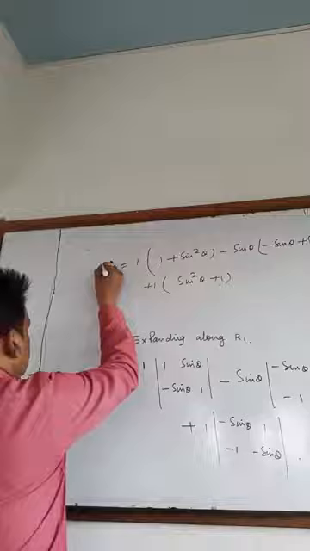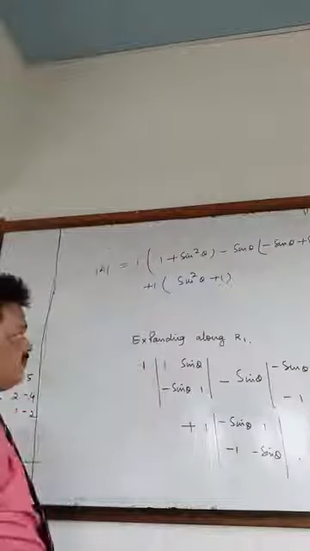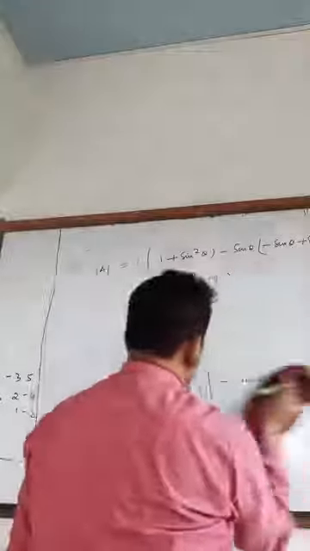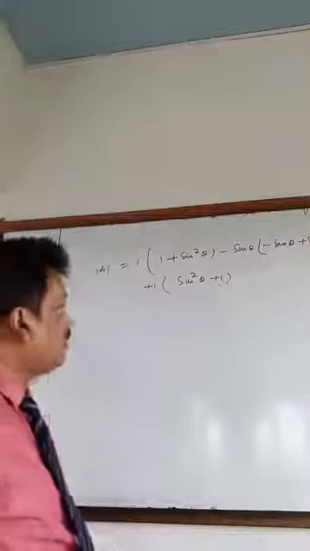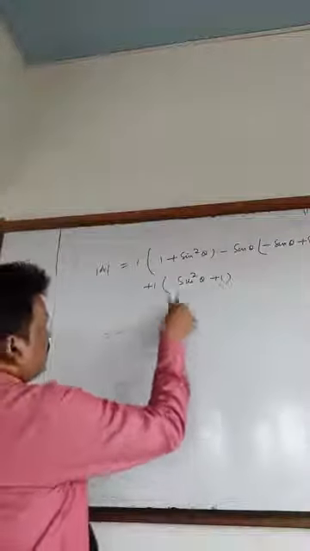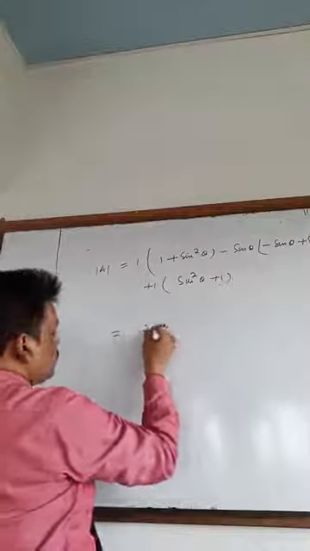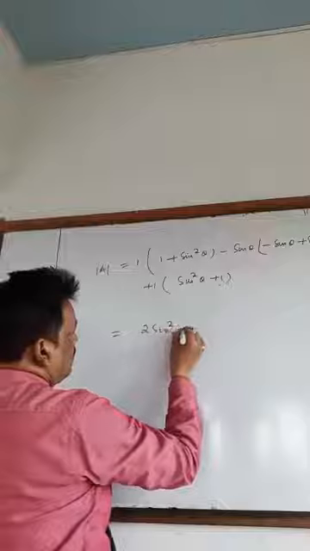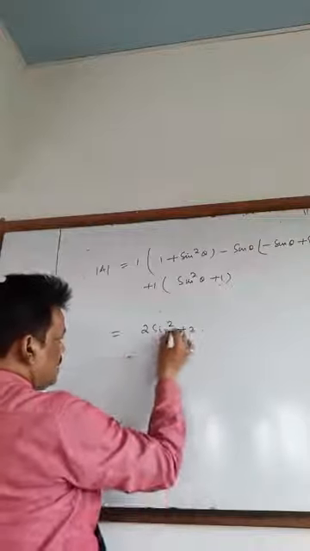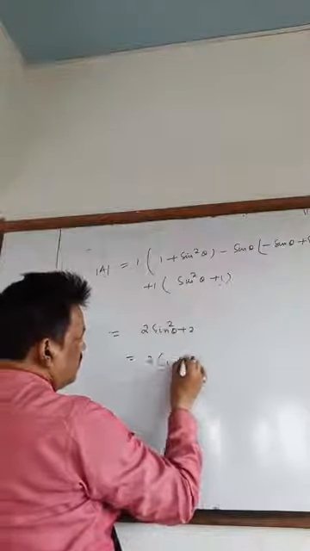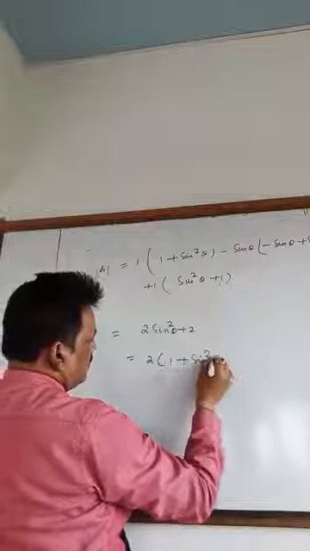This is what? Determinant of A. So determinant of A means you are going to get 2 sin square theta plus 2. That means 2 common 1 plus sin square theta.